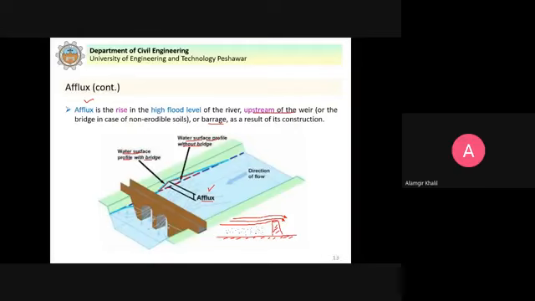Clear? So the slope of the river upstream flattens due to ponding up of water, and this results in deposition of silt in the pond. So this silt will be accumulated here. When the water velocity reduces, these silt particles will get a chance to settle down.